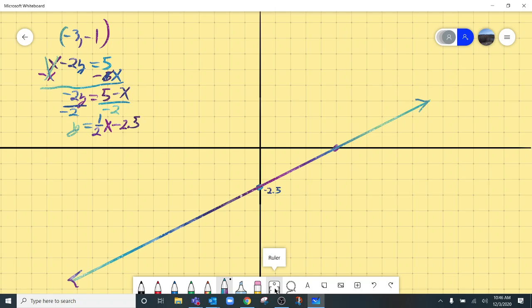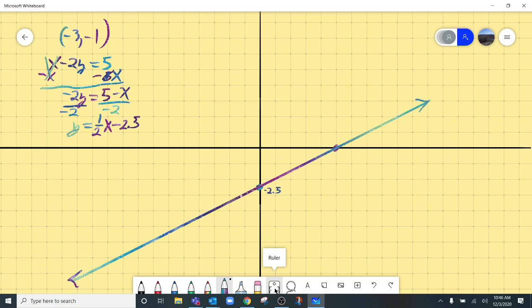And if we look at our slope, our next point is right here. Sorry, let me try that again. We'll do a rise of 1.